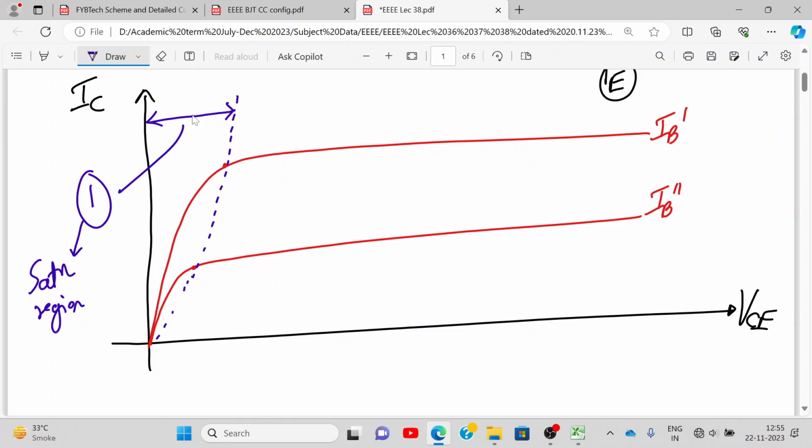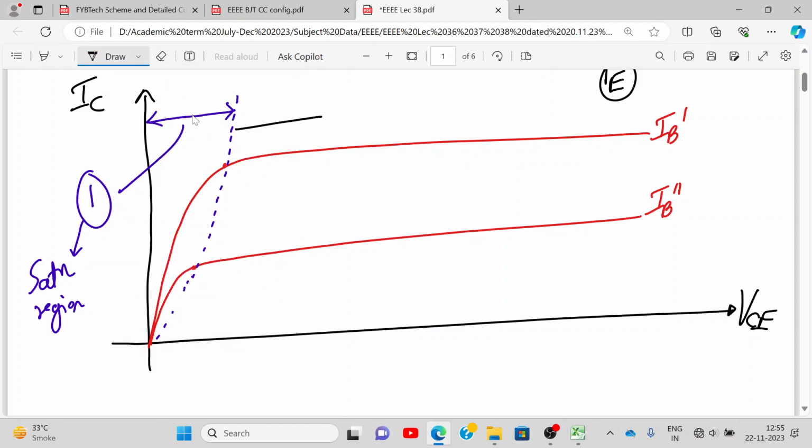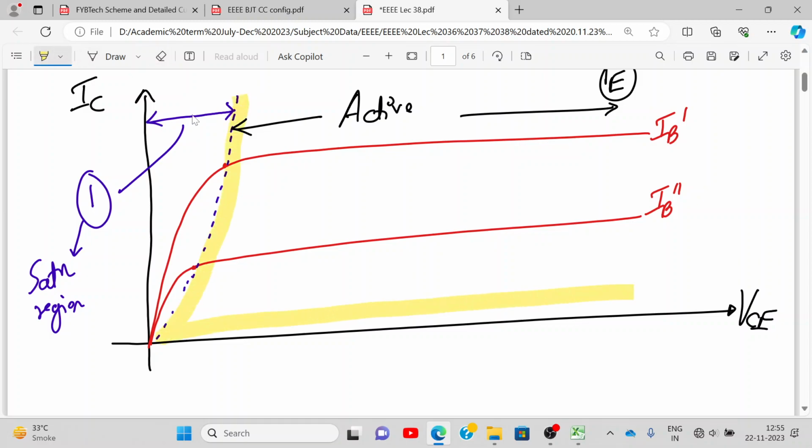Where is my active region? From here to here. The entire thing is my active region, whatever is inside this trapezoid. Now if I want to operate my BJT as an amplifier, I have to bias it in the active region.